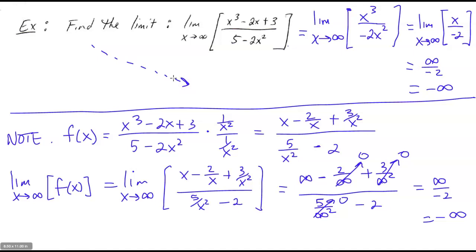So if we were looking at the graph of some rational function, and not really concerned about what the rest of it looks like, but I wanted to know as x went on to infinity what this particular graph is going to act like, well, I just know that it's going to go down like this.